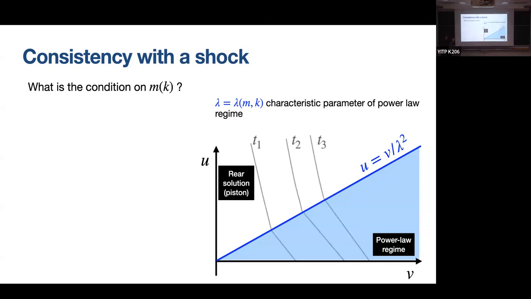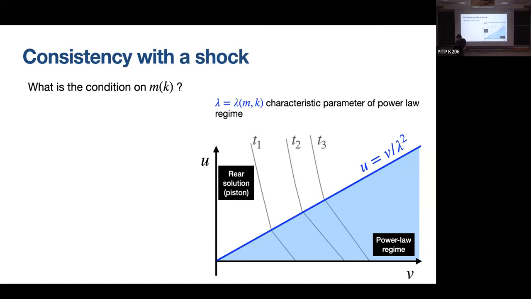And if I want to plot the solution in terms of U and V at various times, these contours of equal time give me the relation between U and V at each given time in the space of U and V. So this part of the solution would give me the power law regime, and this would give me the back part of the flow where we have the piston.